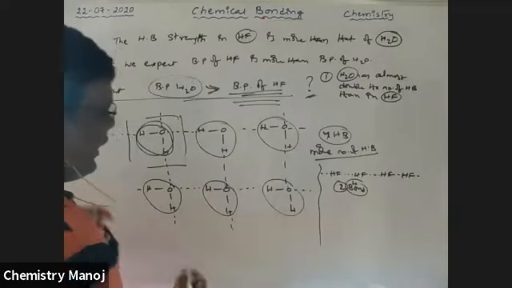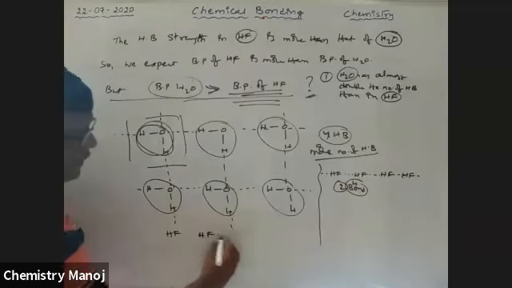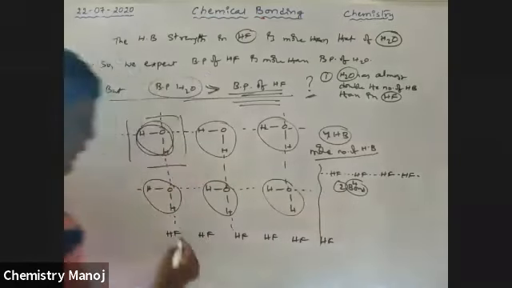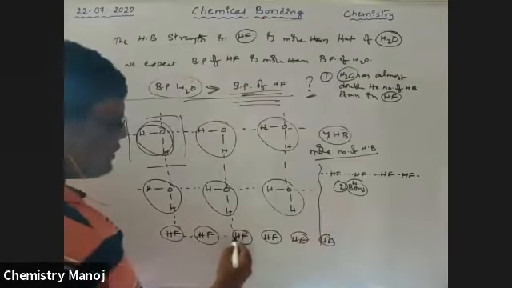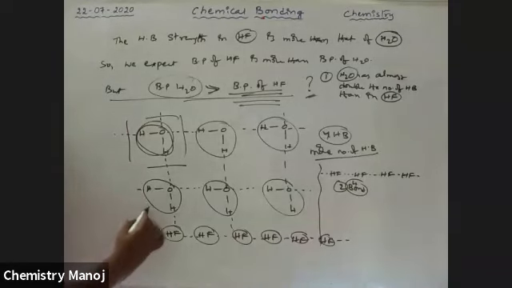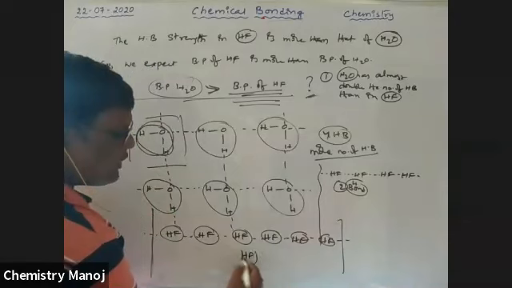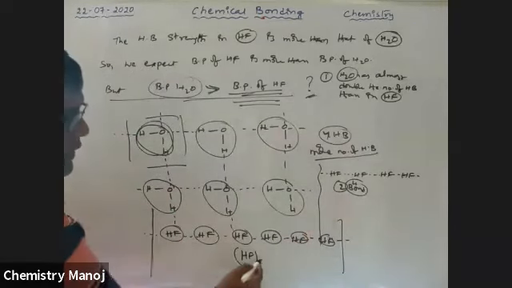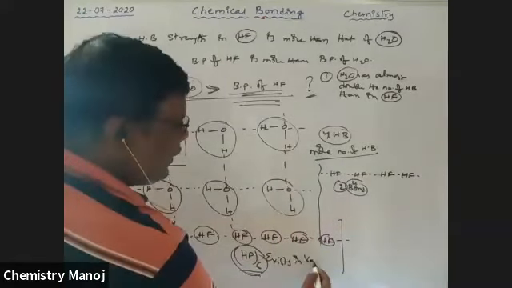But in HF, see here, how many are there? 1, 2, 3, 4, 5, 6. Between these, hydrogen bonds exist. If you break this bond and this bond, this HF6 molecule, with only these two bonds broken, exists in vapor.